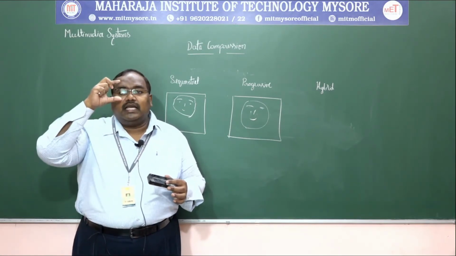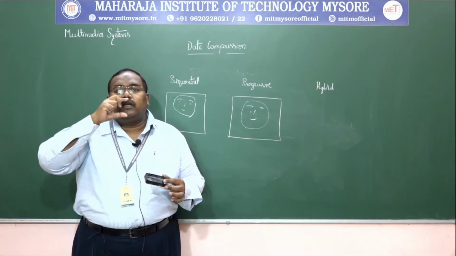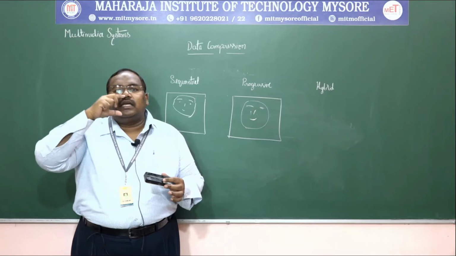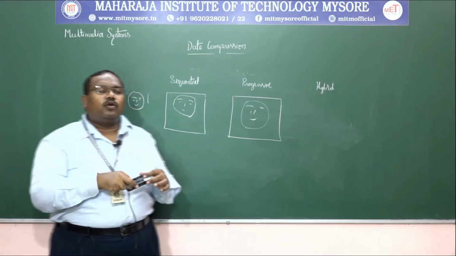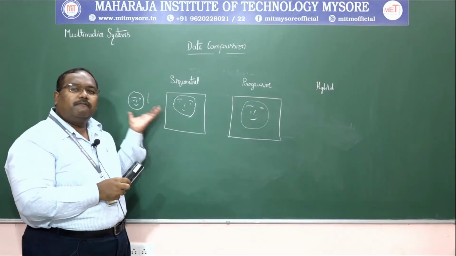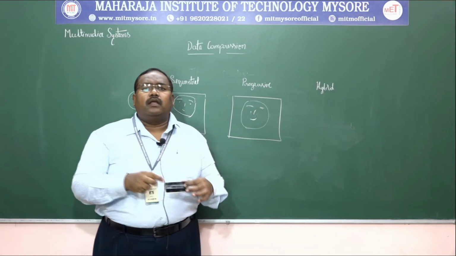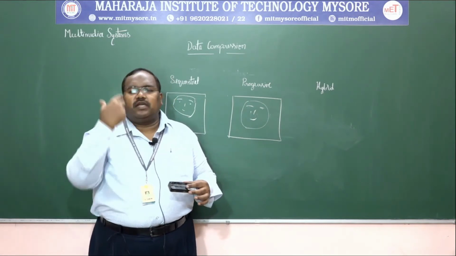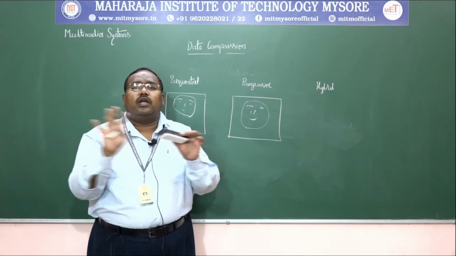Though you get the eyes and nose clearly visible in the sequential mode, the image is created in sequence. In the progressive way, a complete picture of the image or face is generated, but it is not at all clear.